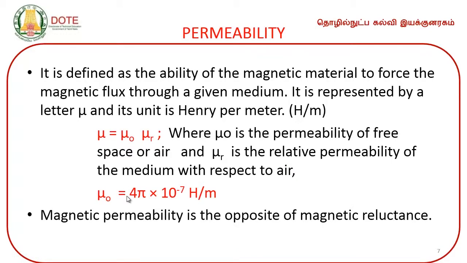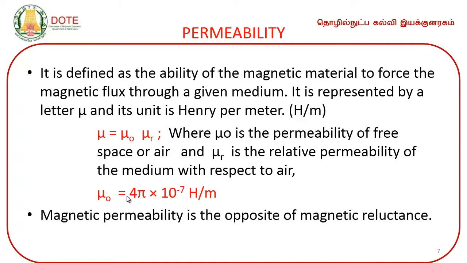Then comes the permeability. It is defined as the ability of the magnetic material to force the magnetic flux through a given medium. It is represented by the letter mu and its unit is Henry per meter.